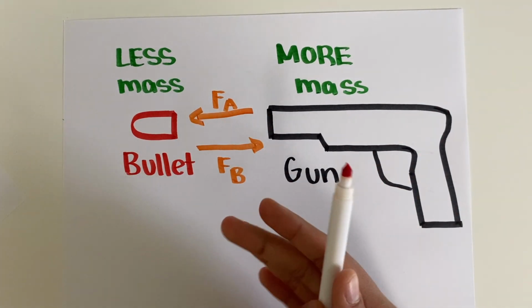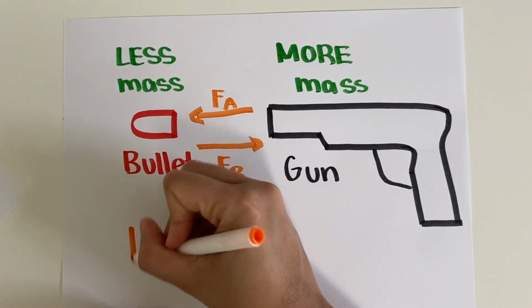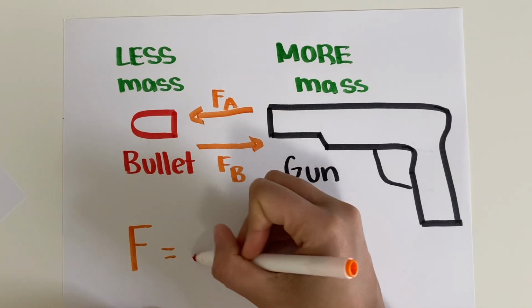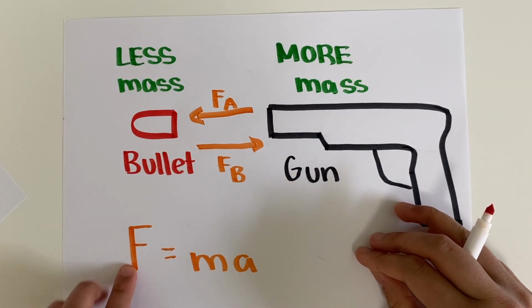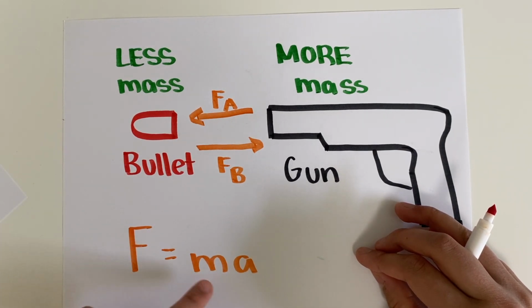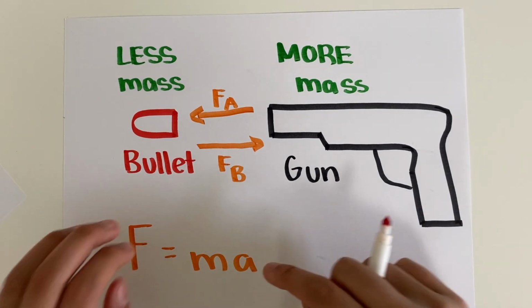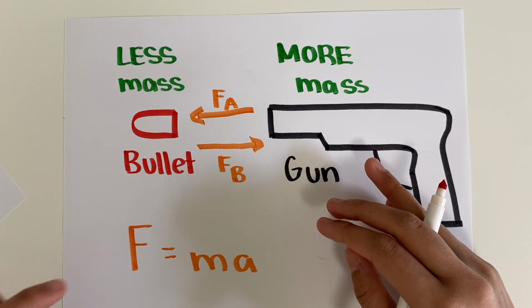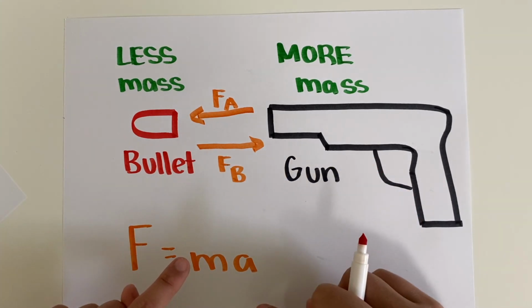Well, that's because of something known as Newton's second law of motion: force is equal to mass times acceleration. This is Newton's second law of motion. And what this does is summarize the relationship between mass and acceleration. So mass and acceleration are inversely proportional. So if force stays the same, then if mass increases, acceleration decreases.